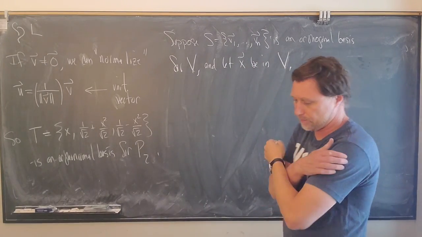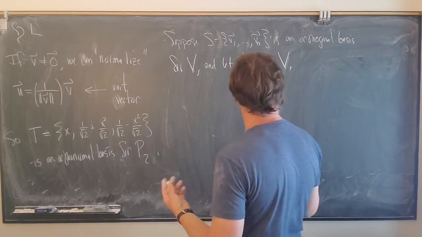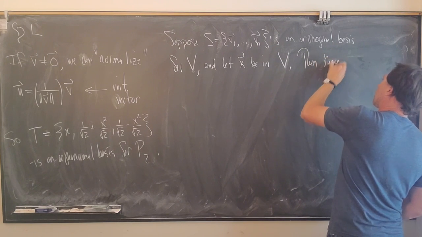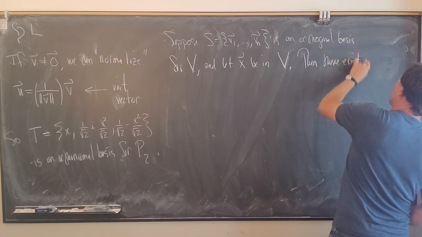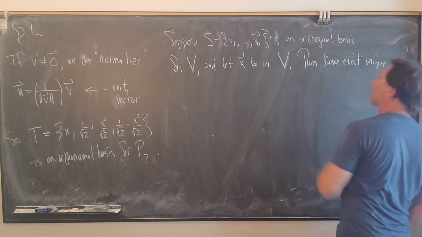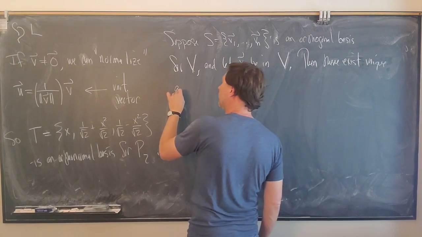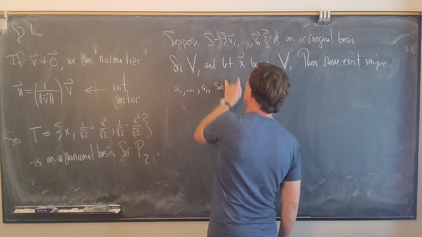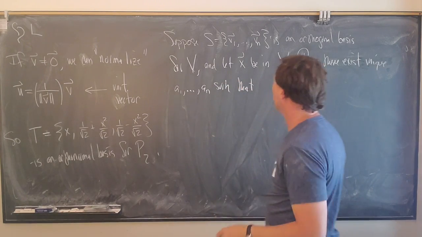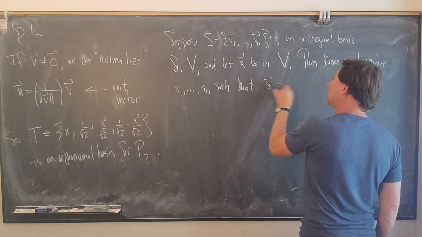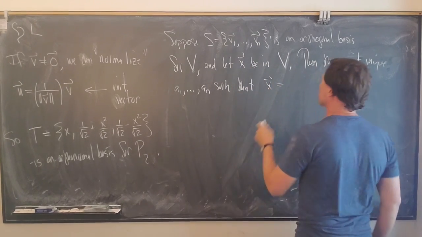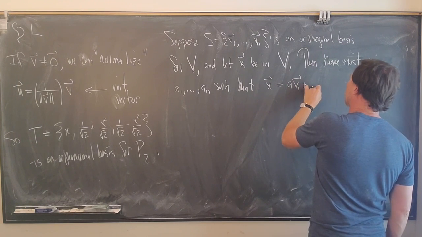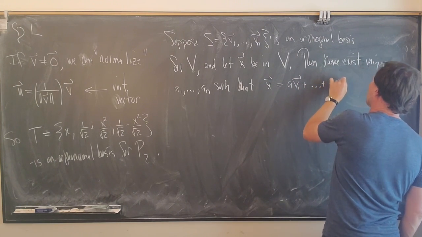All right, so we've got some vector. Well, what does that mean? Then there exist unique numbers a1 up through an such that our vector x can be expressed as a linear combination of our basis vectors, so such that x equals a1 v1 plus dot dot dot plus an vn.